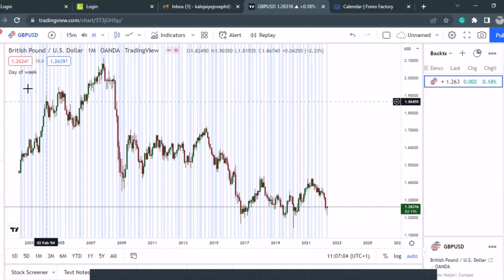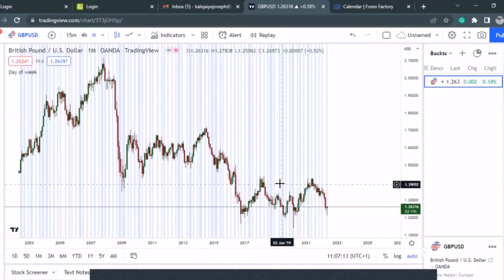So here is valid, here is valid. You can see these two areas are valid, blending with this area here. All these areas are valid. This one too is valid. This is very valid.